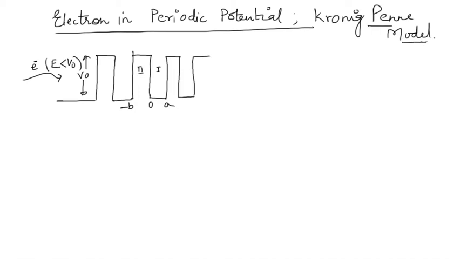Now how do I solve this problem? I write the Schrödinger equation for regions 1 and 2 for an electron moving in the lattice.